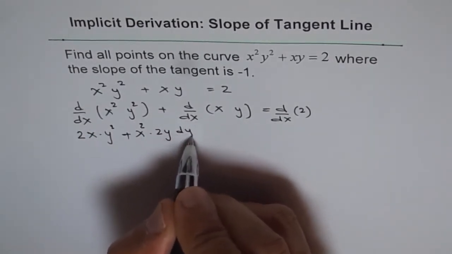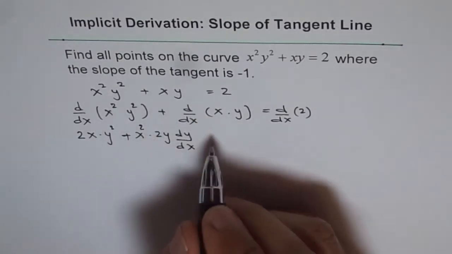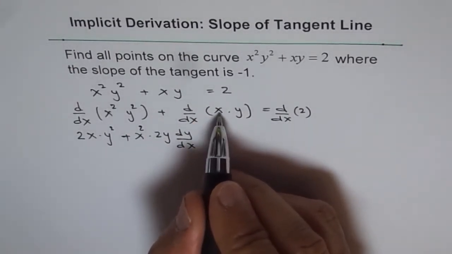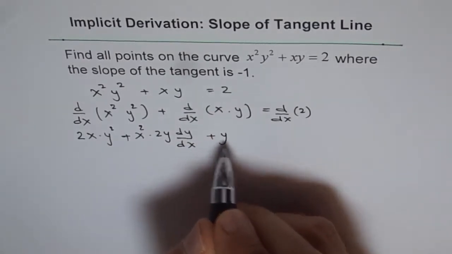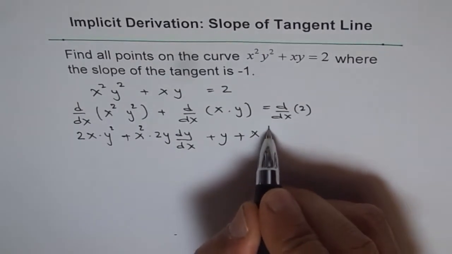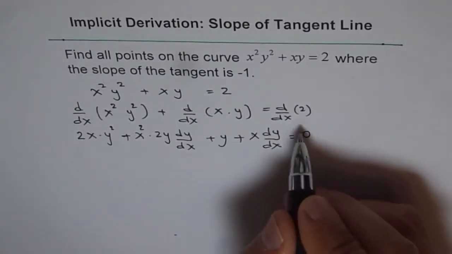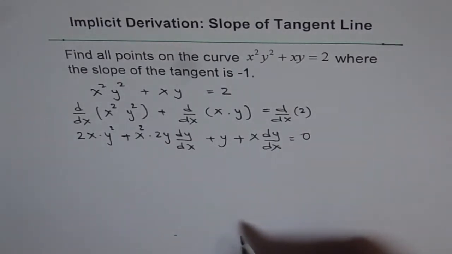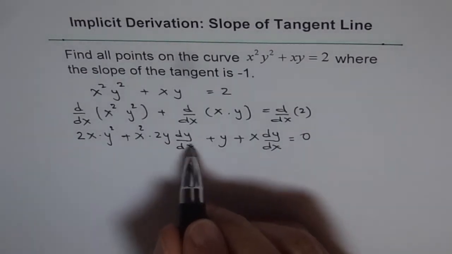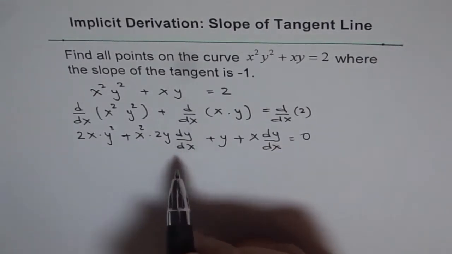dy/dx. Now here is the product of x and y, so the derivative of x is 1, so we get y here, plus x times the derivative of y, which is x times dy/dx, and on the right side it is 0 since the derivative of a constant is 0. So we can combine dy/dx terms here and the other terms on the other side.